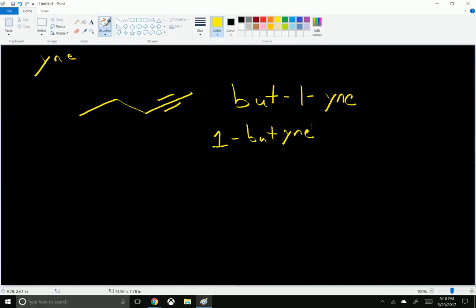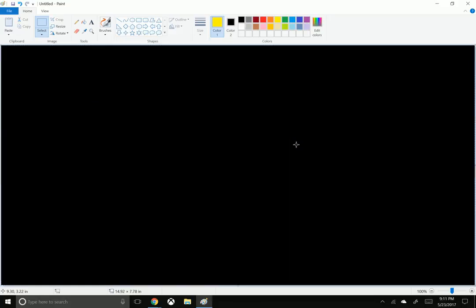That's the older way, the pre-2013 way. But that is less clear. You can have multiple things attached after the main compound, like double bonds and triple bonds, and some other subgroup. So they no longer do it like that. They prefer it to be in between the number of carbons on the main chain and whatever it is that comes at the end there. So but-1-yne right there.